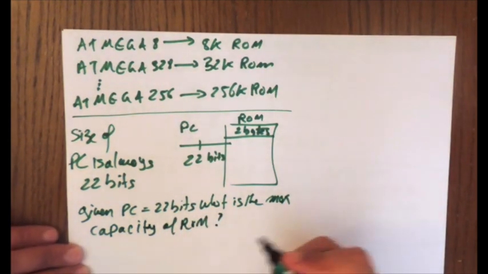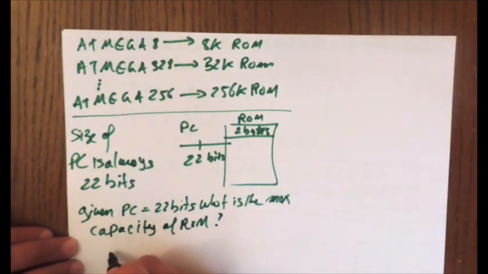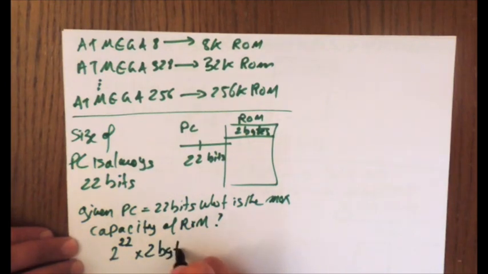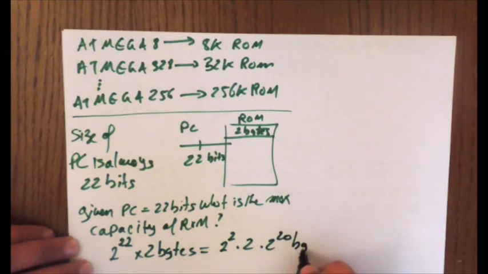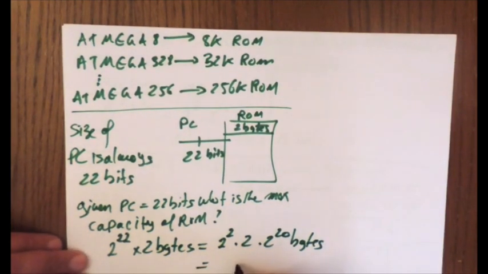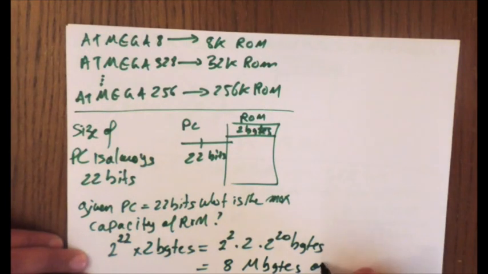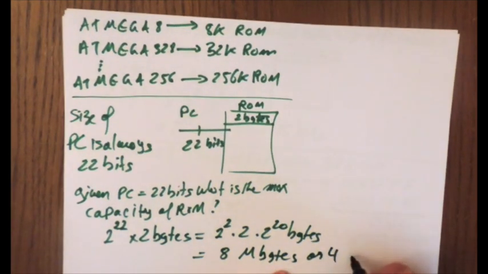So here we say, okay, since we have 22 bits, it's going to be 2 power 22 times 2 bytes. So this means we have 2 power 2 times 2 power 20 times 2 bytes. So it's going to be 8 megabytes, or we can say 4 mega words.